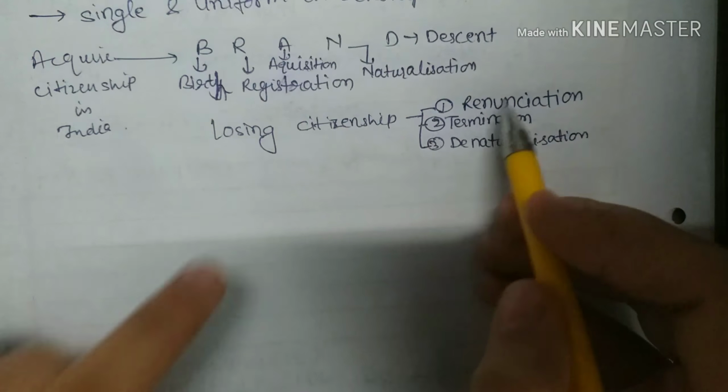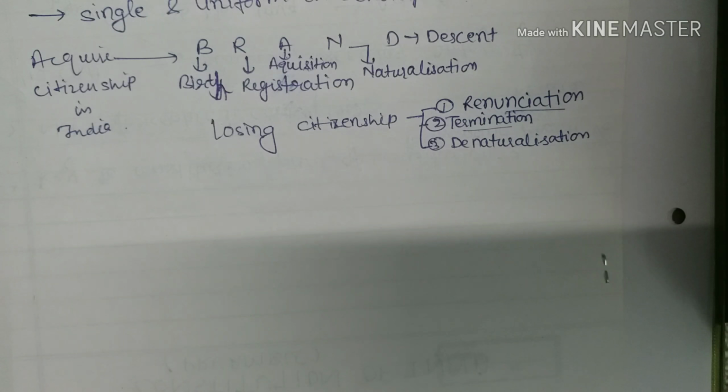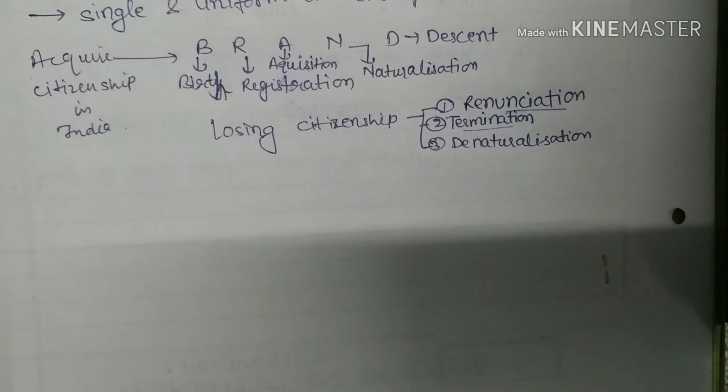The difference is that renunciation is voluntary and this is not voluntary. Denaturalization refers to deprivation by government. If the government has deprived somebody of citizenship, this is included in the third case.